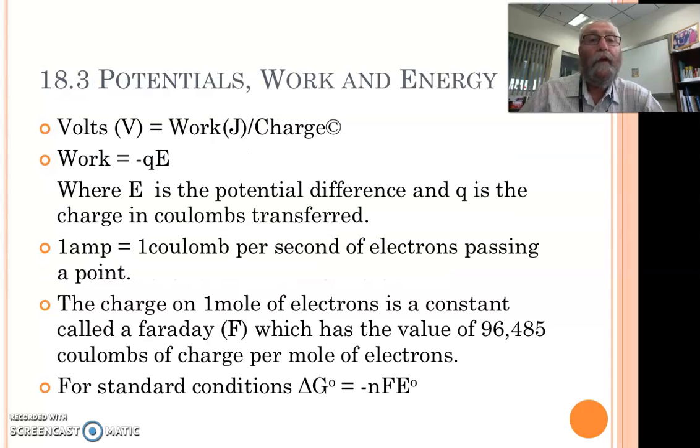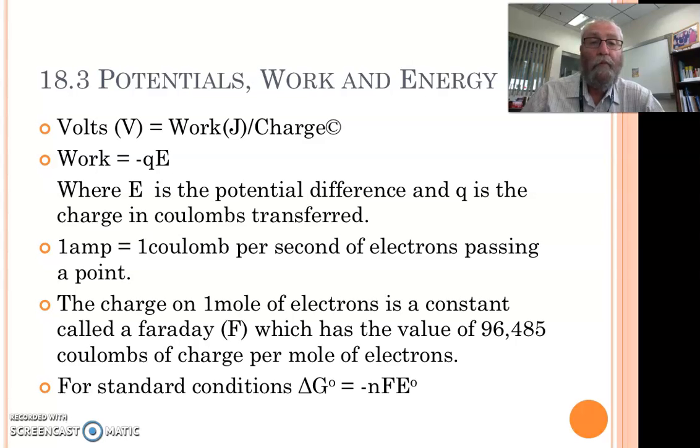Okay, so we can work out cell potentials in terms of the overall relationship between the work done and the energy involved. Now, E, the potential difference, relates to the charge in coulombs transferred. So 1 amp is 1 coulomb per second of electrons passing a point. Remember that 1 volt is 1 joule per coulomb.